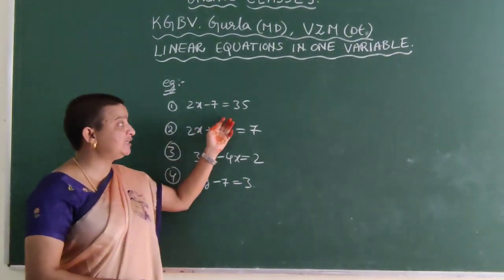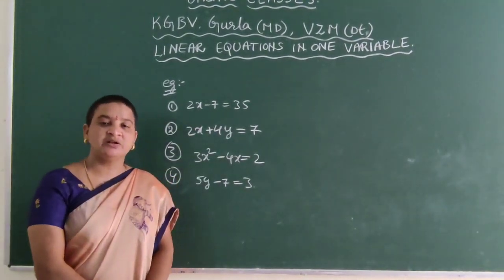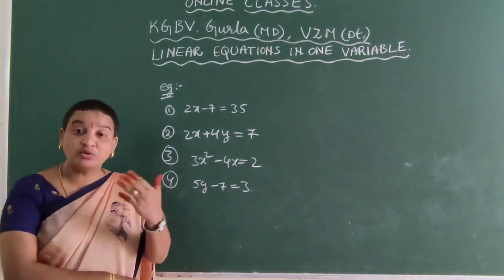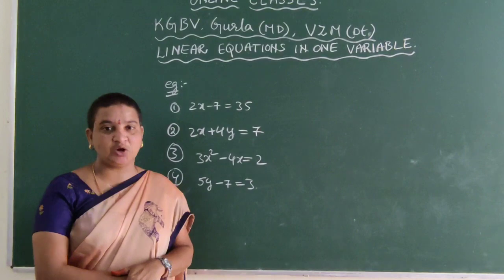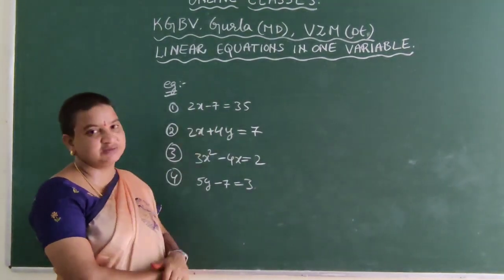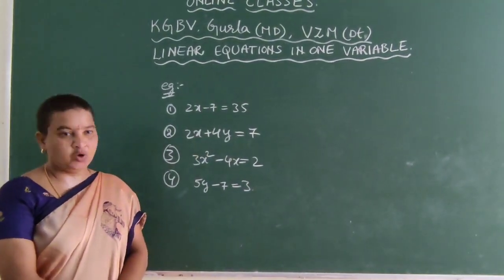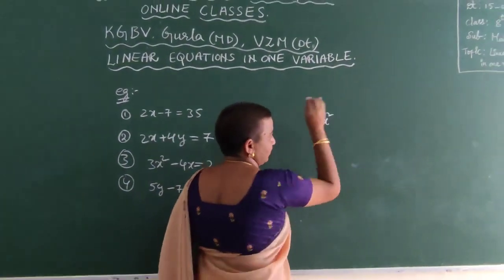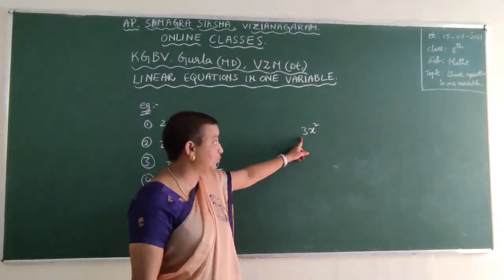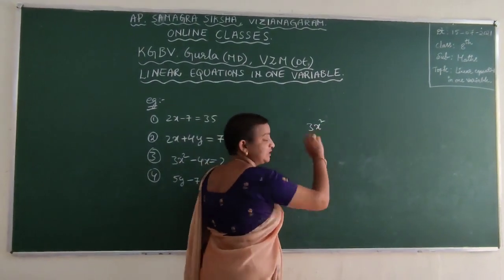How can you find the degree of the equation? Before that, we first have to find the degree of each individual term in the equation. Let us take one algebraic term, 3x squared. What is the degree of this term?